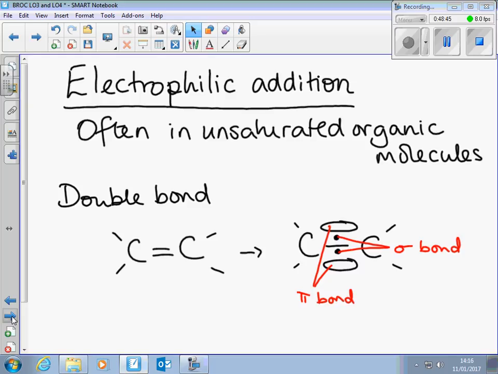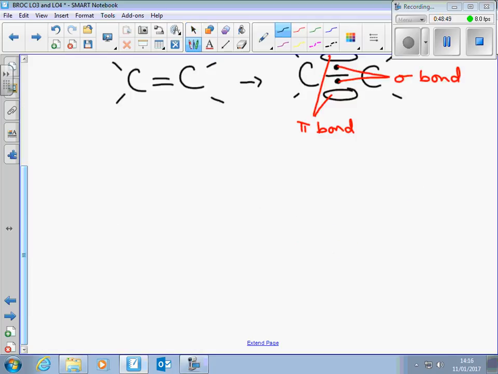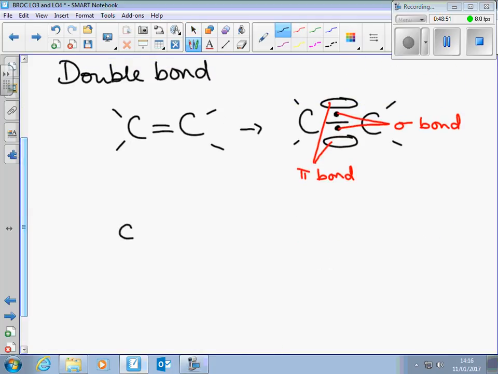If we took this structure that I've drawn there and filled it in with hydrogens, then that's ethene. Ethene is C2H4, and our carbons are joined by this double bond, which has the sigma pair and the pi pair as well.